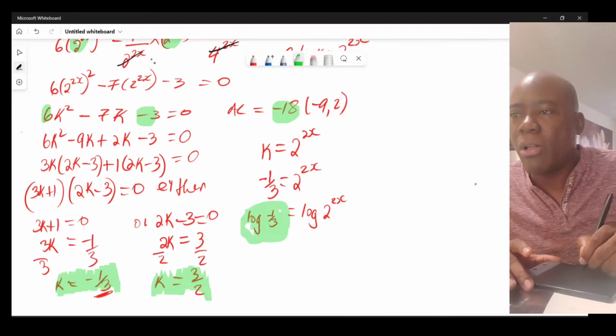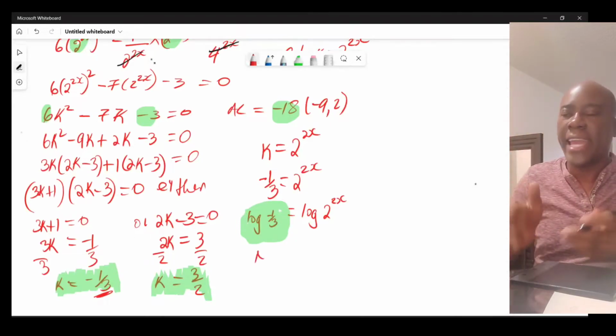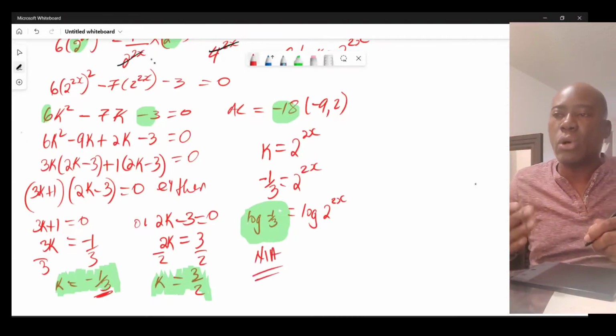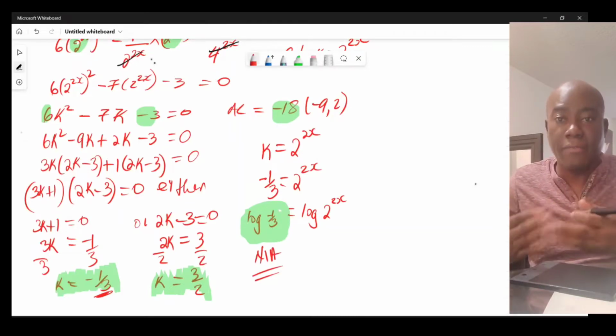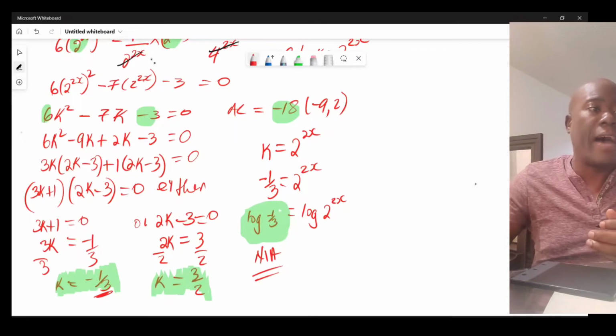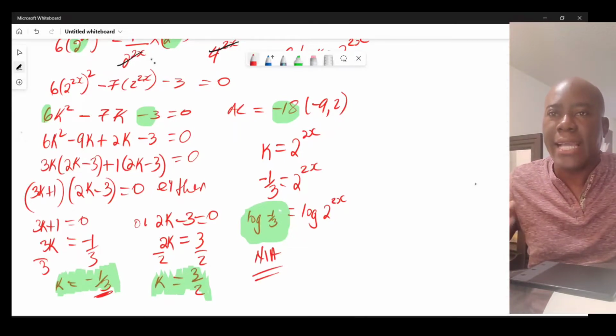We're not able to assess this because we cannot find the log of a negative number. So now I'm going to focus on the positive value that I have there. I'm searching for values for k, but upon the fact that I had a negative number and I'm logging both sides, I realize that there is an issue for that.